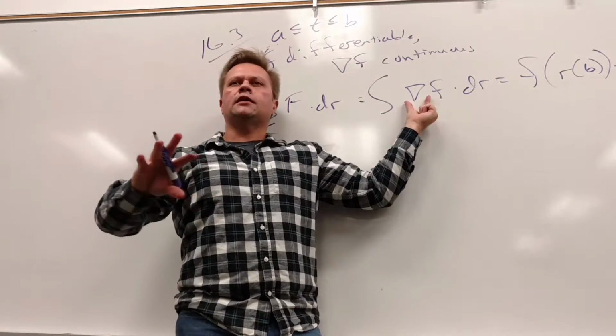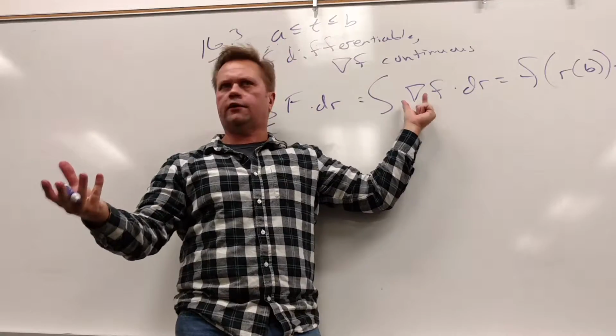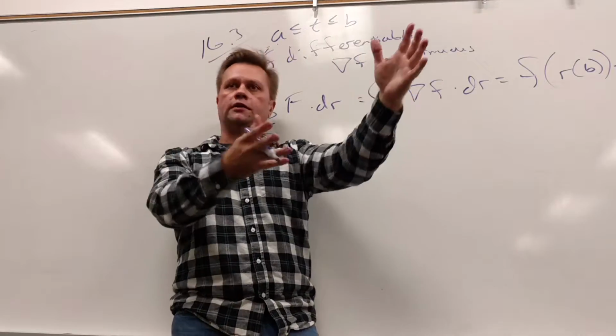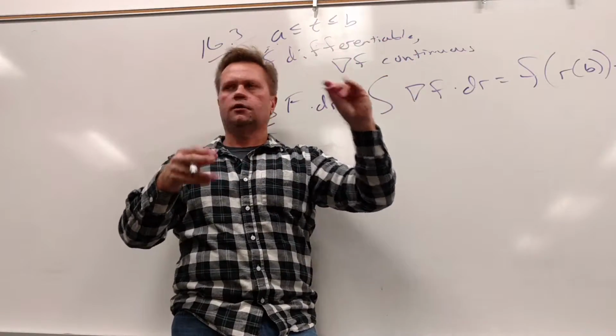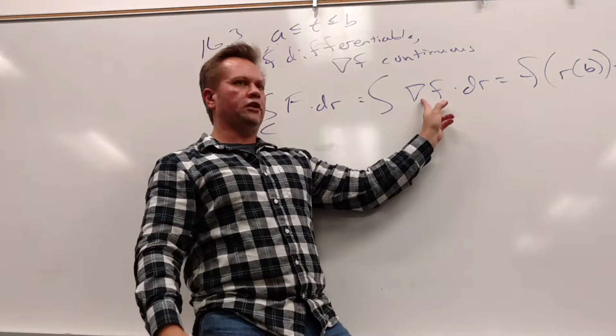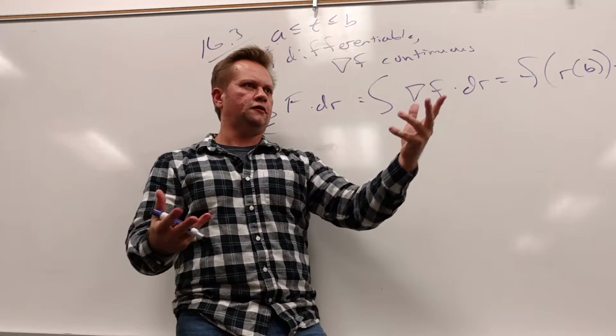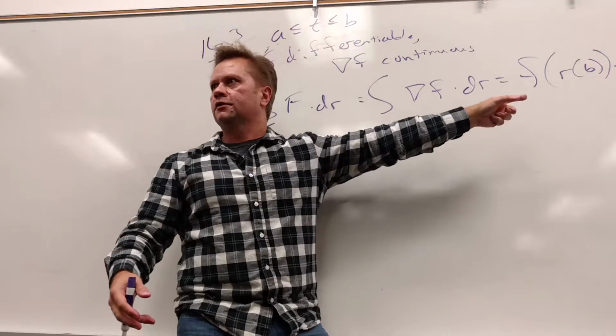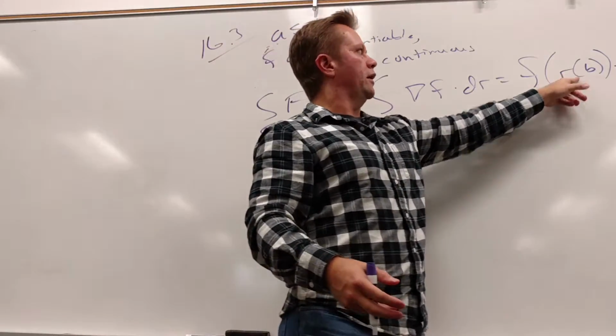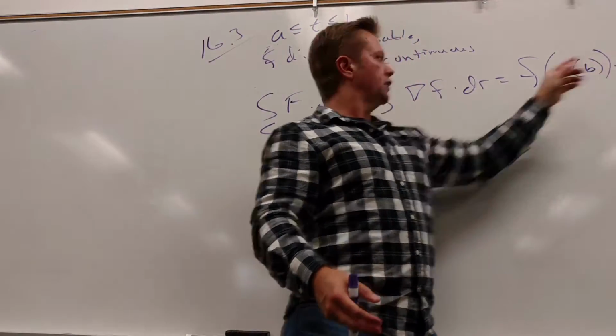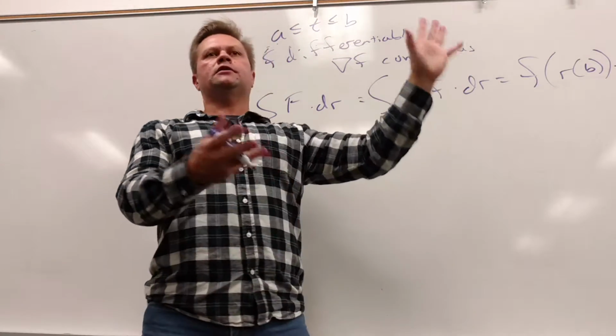The gradient is basically doing what to little f? Basically differentiating. Right? So when I integrate the derivative, that sounds like the fundamental theorem of calculus. I just have to evaluate it at the endpoints. That undoes that differentiation.